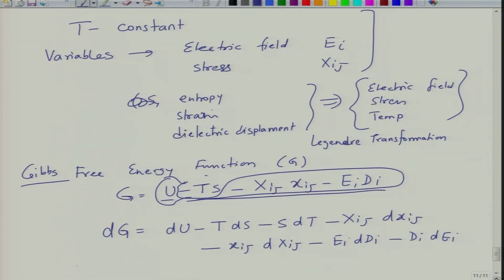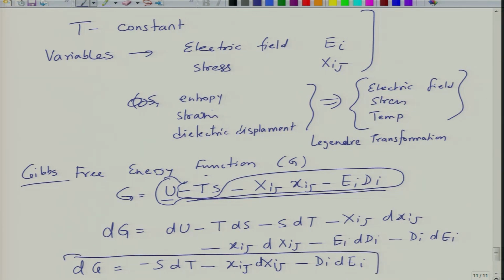So, what we will get is dG = -S dT - x_ij dX_ij - D_i dE_i. This is what we get in terms of the change in free energy: minus S dT, minus x_ij times the differential of X_ij, minus D_i times the change in electric field.